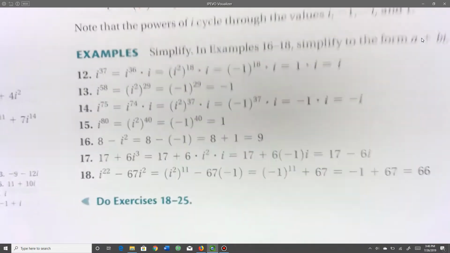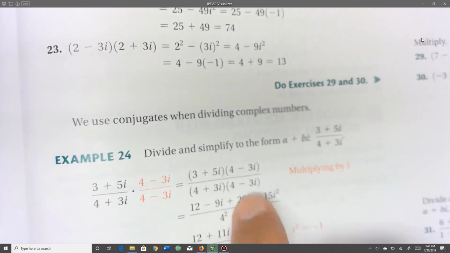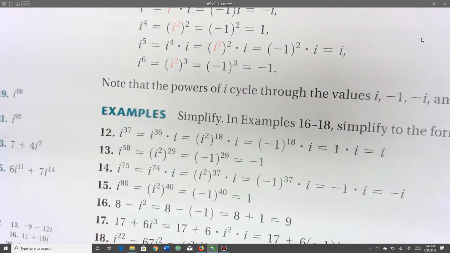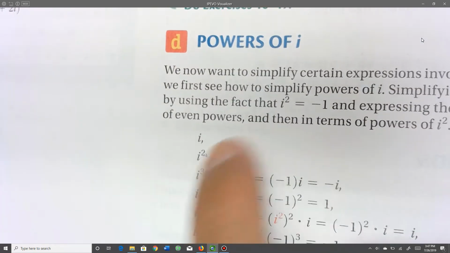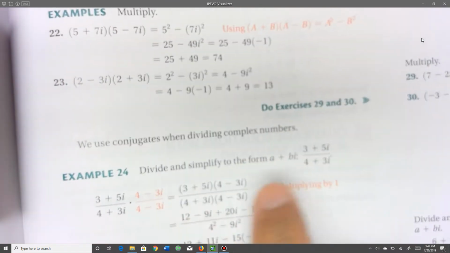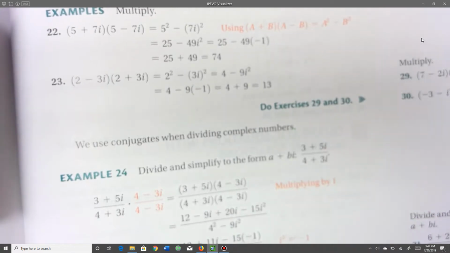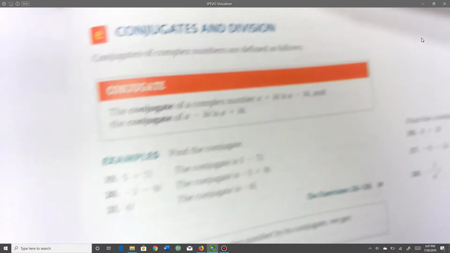I'm just giving you these rules in case you come up with big values like this, like big exponents. But if not, you should be able to think about i squared as being a negative 1, which is what we've been doing so far.